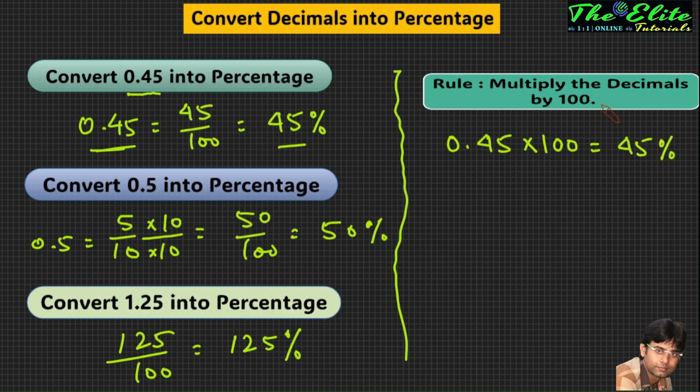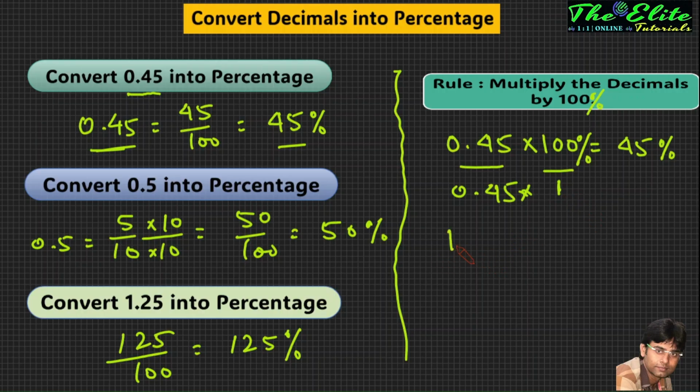But as I told you, everywhere try to use the sign as well of percentage, because this 100% is actually equal to 1 and you are multiplying this number by 1. Okay, we are not tinkering anything here. It is the same as we have done earlier in the previous slide. Okay, so this is the rule you have to follow.